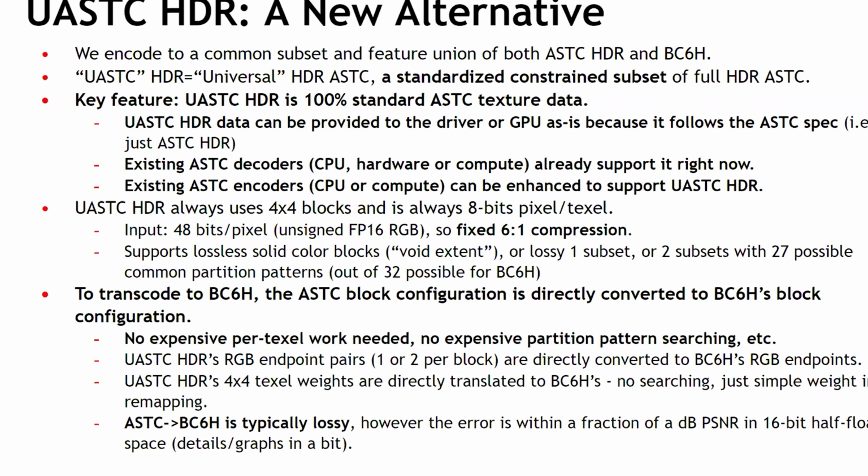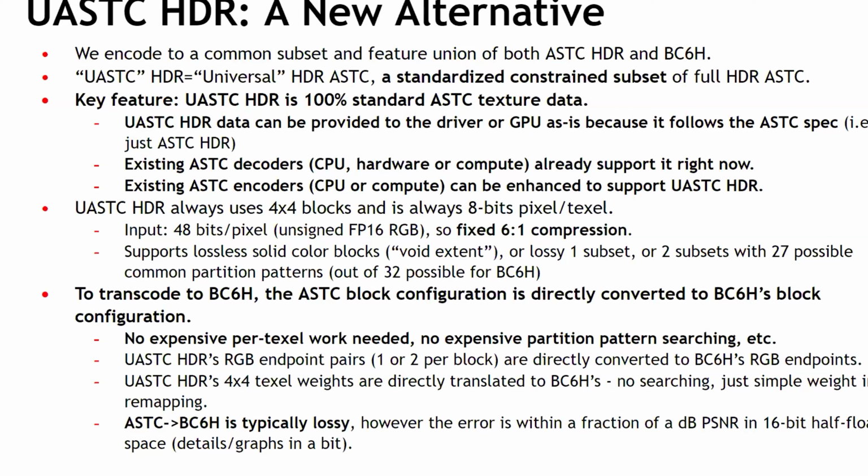If an encoder uses that subset, then our transcoder will be able to take that data and automatically convert that to the BC6H block configuration. So we're not recompressing pixels. We're not decompressing the entire ASTC block of 4x4 texels and then recompressing that from scratch. Instead, we are just converting ASTC's block configuration directly to BC6H's block configuration.